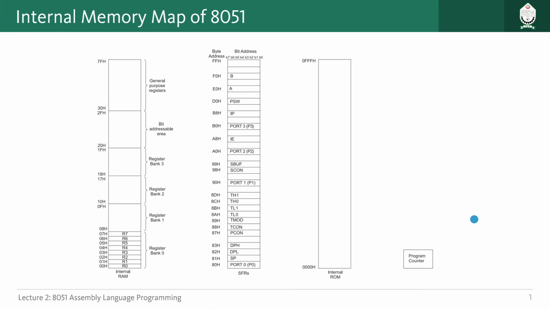Before we start, the first thing we need to understand is the memory map, the registers and other memories we have in our microcontroller or microprocessor. These are very important when we are trying to understand assembly language, because with assembly language we are trying to manipulate or move data, and different kinds of manipulations on those memories are done in assembly language.